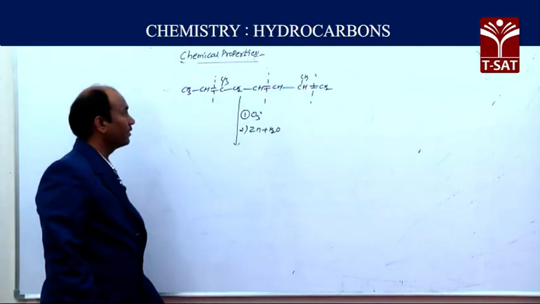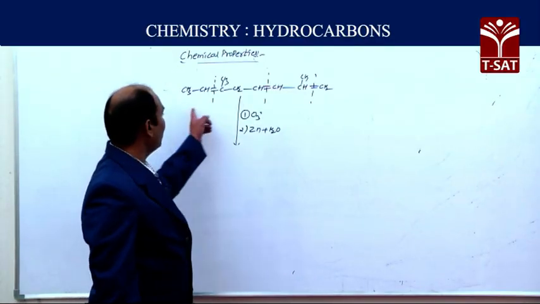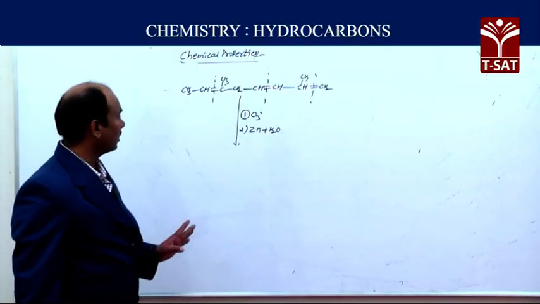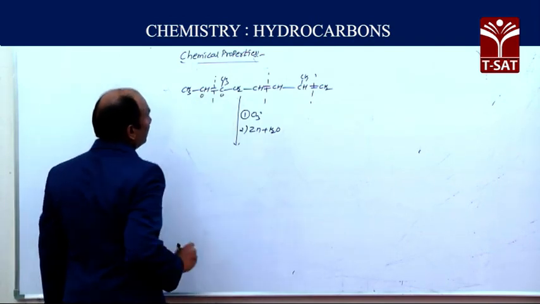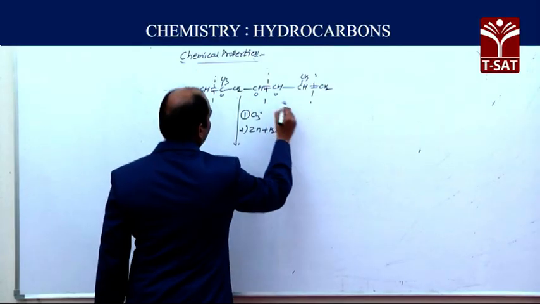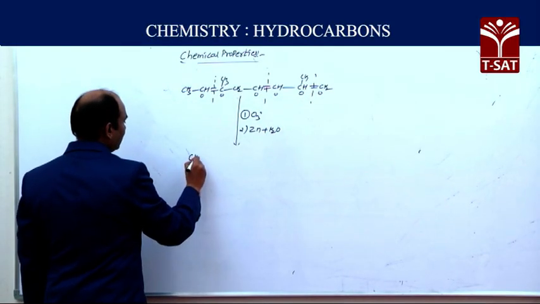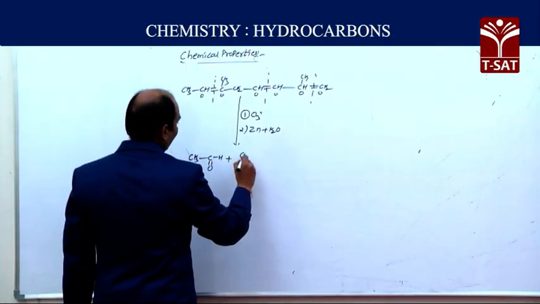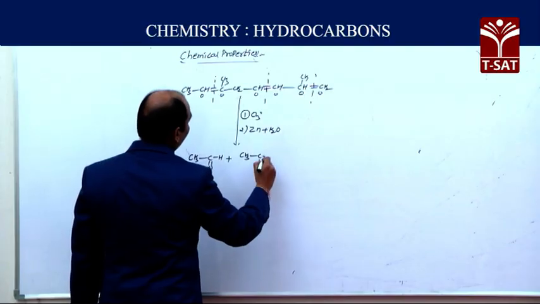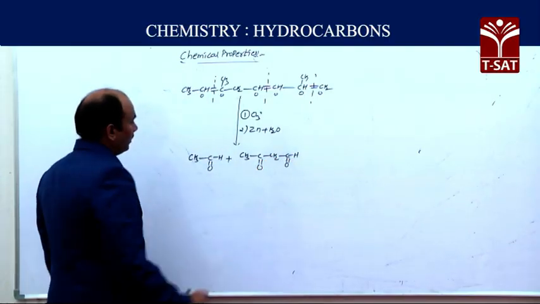How many moles of ozone are required? Here one double bond equals one ozone molecule, here there are three double bonds, that means 3 ozones are required. Here one oxygen, here also one oxygen, here also one oxygen on each end. Now this is CH3 C double bond OH, this is one product, and one more is CH3 C double bond O CH2, this is C double bond OH, and one more product.